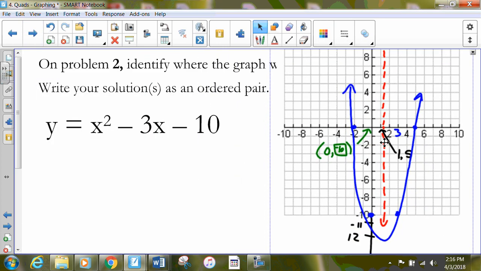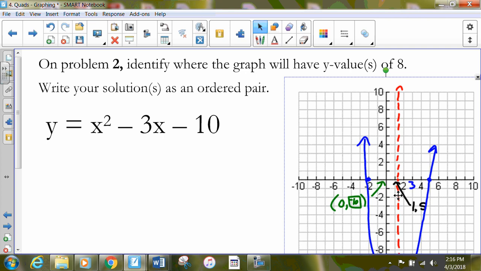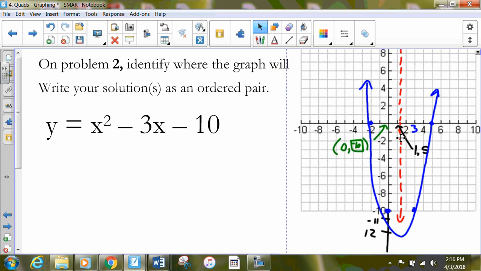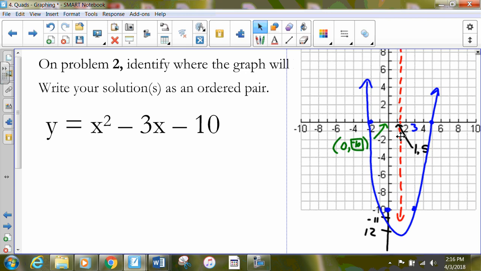Okay, so we're going to bring it with us so you can look at it. There's our graph. And it says, where does the graph have a y value of -8? Maybe you drew a better graph than I did, but looking at this graph, I can't really tell. It looks like when y is equal to -8, I'm kind of here and here.